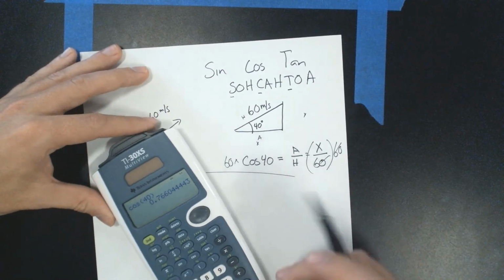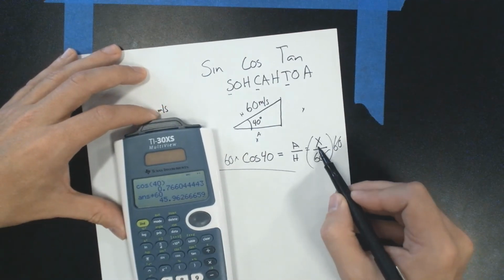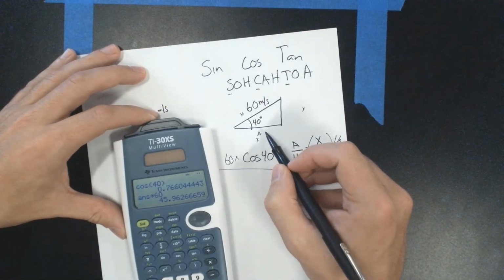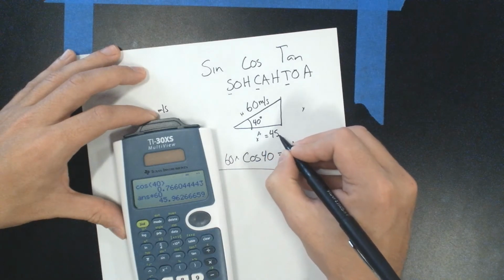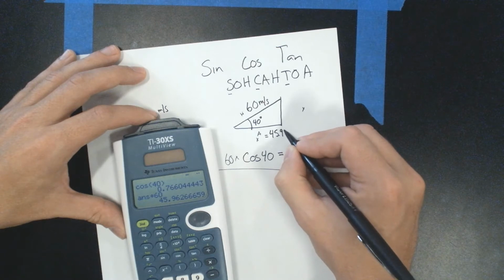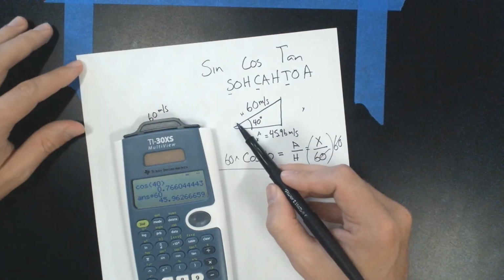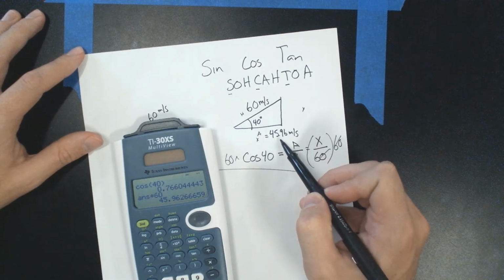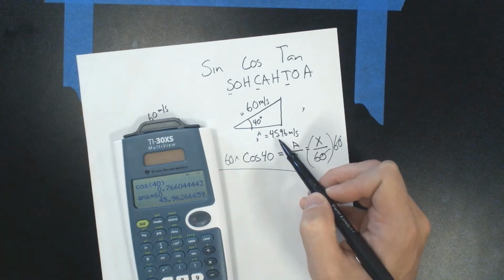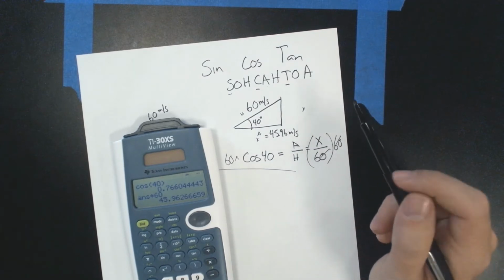And I'll find out that the x leg of this triangle is actually going to equal 45.96, and that is in meters per second. So if the ball is traveling at an angle at 60 meters per second, its x position is changing at 45.96 meters per second.